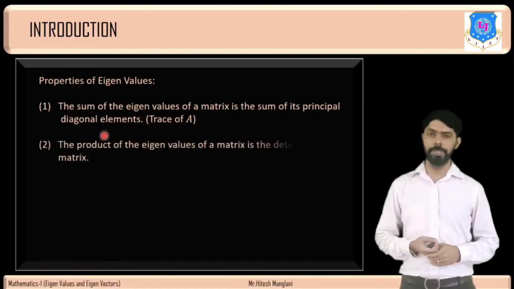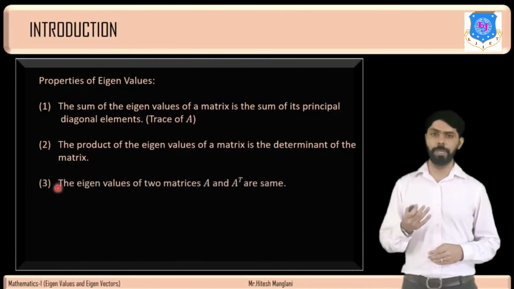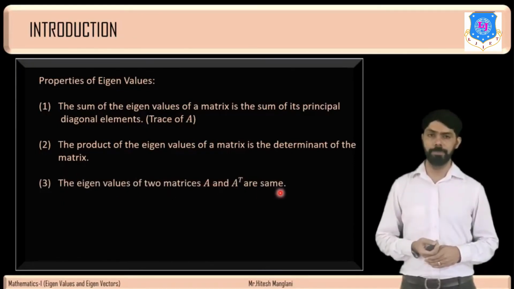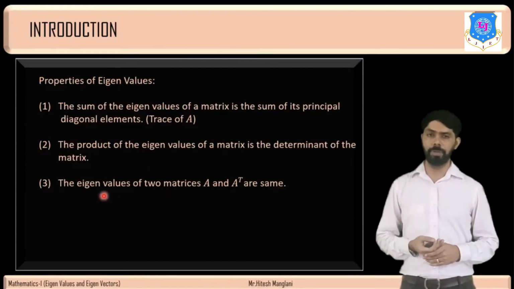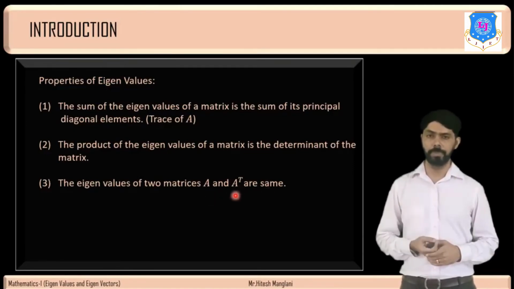Now second property is the product of the eigenvalues of a matrix is the determinant of the matrix. Now third property is the eigenvalues of two matrices A and A transpose are same. So if we find the eigenvalues of A and eigenvalues of A transpose, then both eigenvalues are same.